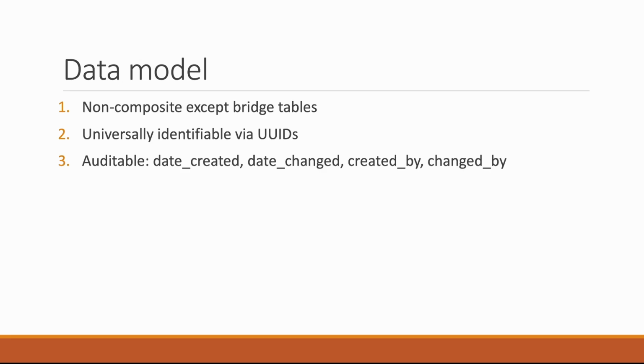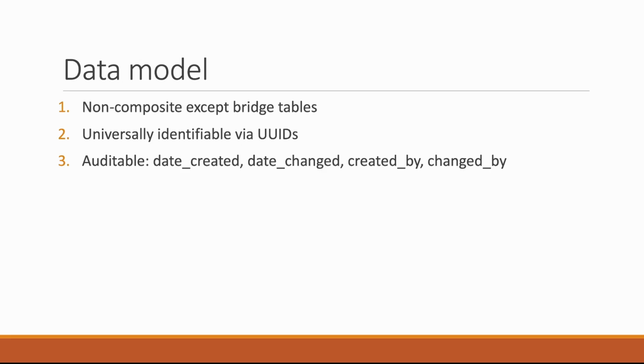Now, if there are any updates to that row, these two columns come into action: date changed and changed by, meaning the last update on any particular row. When did that happen? That is your date changed. And who was the user who made that change? That's identified by the column changed by.